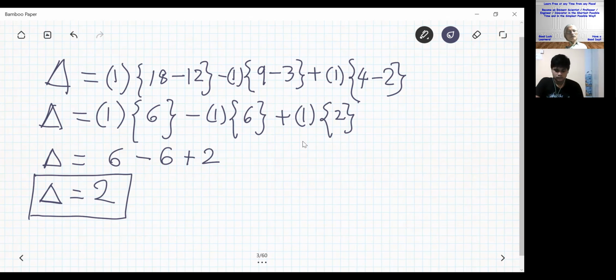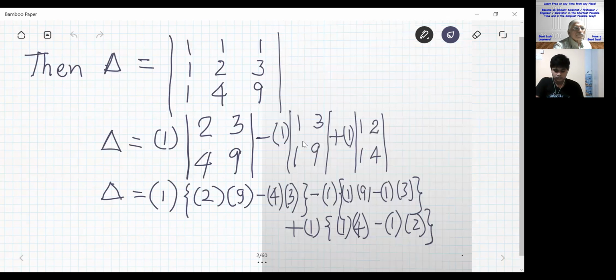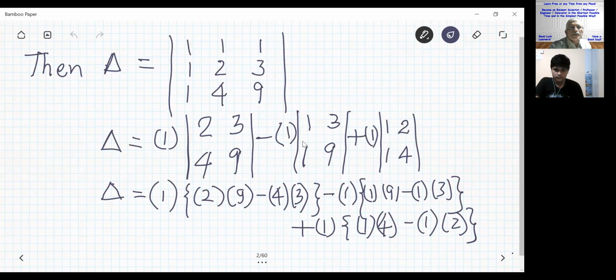So what you have to do is the first one. See, in this step you have written delta is equal to 1 into (2×9 − 4×3) minus 1 into (1×9 − 1×3) plus 1 into (1×4 − 1×2). Keep the first as it is.